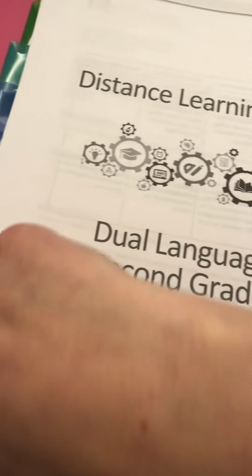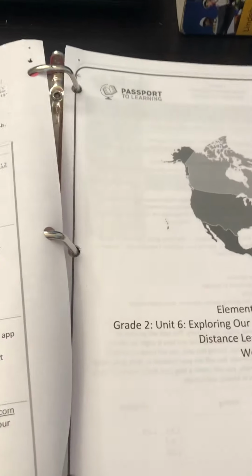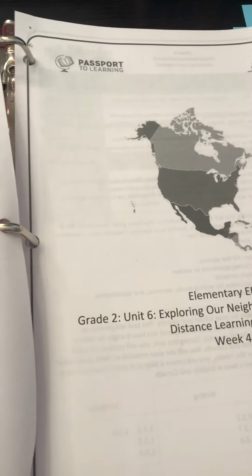So even though it seems like a lot of work, if you go back to the beginning, it's not so bad, right? We start with our ELA work here. And you're just gonna go day by day. After ELA, we have our Spanish.